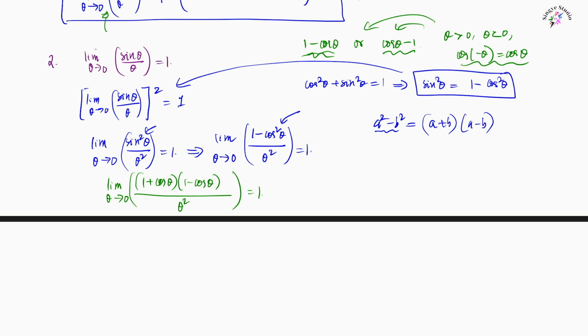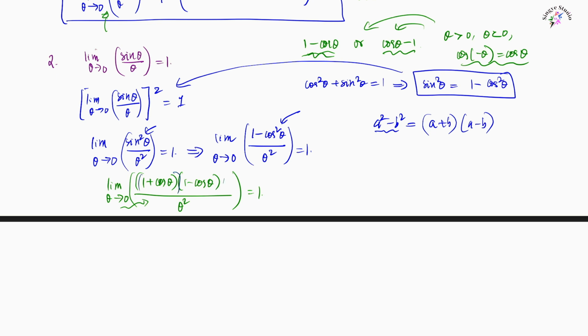As we have already seen, the limit of the product is the product of the limits, so we can distribute this limit to each component.